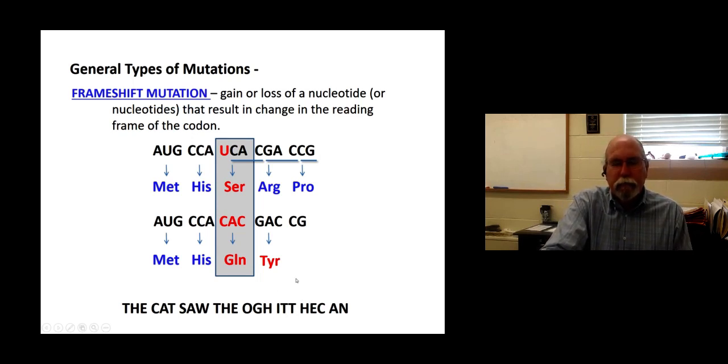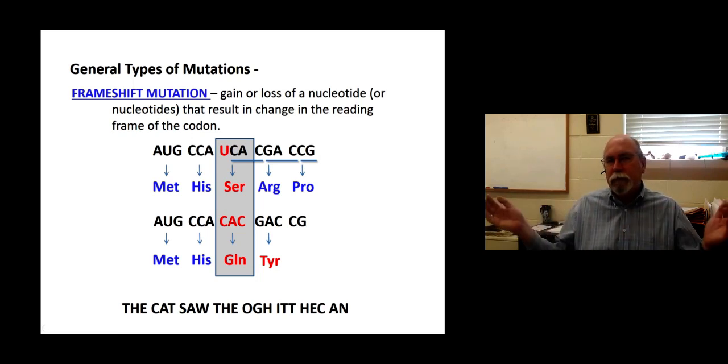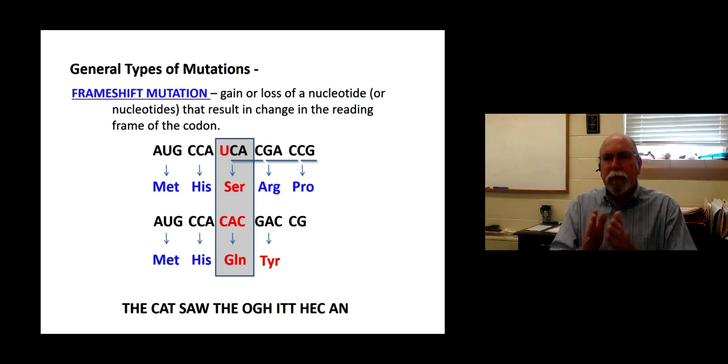One of the things that we did in lab was we made you look through some DNA and we asked you how many places do you see, if you were to take that and make a message out of it, would you see a stop codon, right? Well, if you don't know what the framing is, there are lots of places that could be a stop codon. And that's one of the secondary effects of these frame shifts.